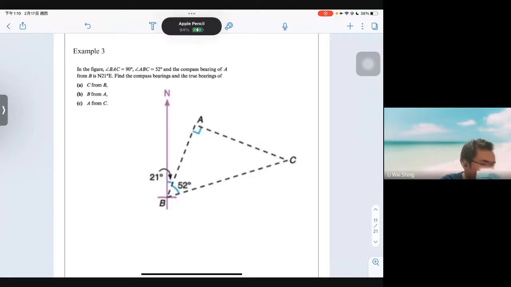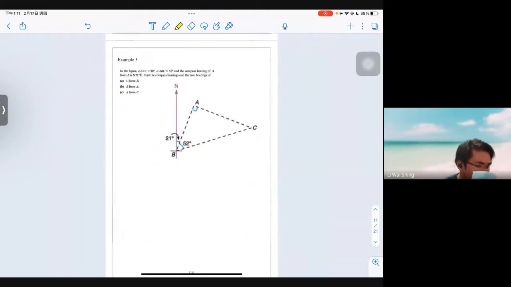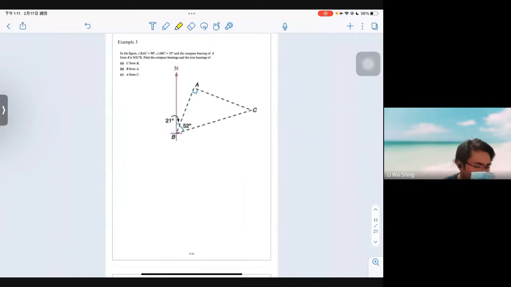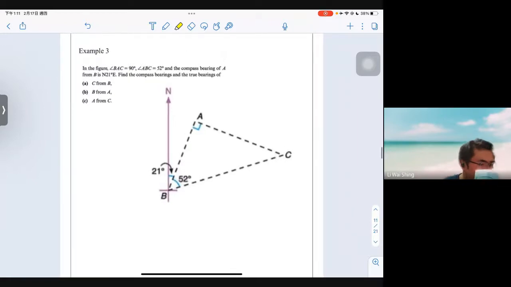If you are finished with example 3, take a photo to the Google Chat. I want to see how you present it. I don't want you to just give me the angle without explanation, because I can't understand what you are writing. This time I want you to finish page 10 of your notes. If you have a better presentation, you are welcome to tell me so I can share it with the whole class.